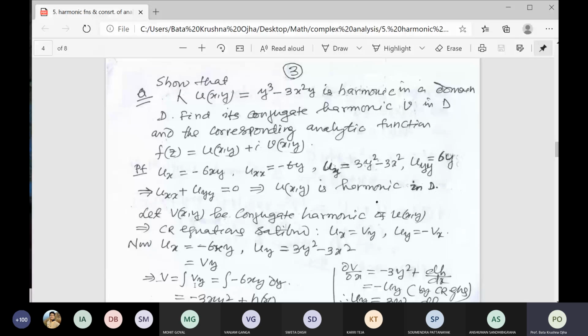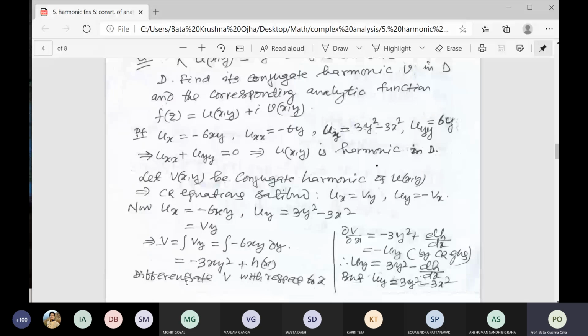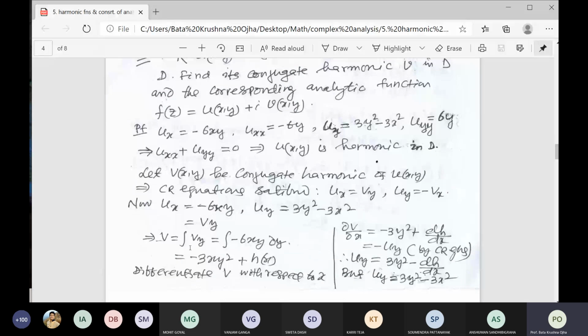It will give minus 6x y^2 by 2, cancelling, minus 3x y^2.